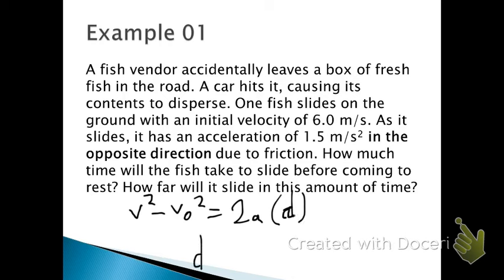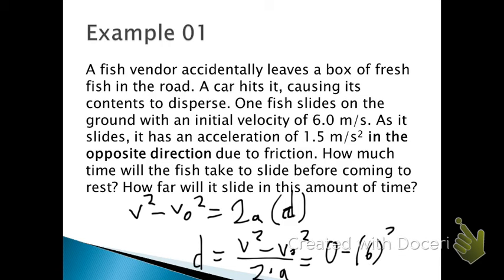So d will equal v squared minus v naught squared all over 2 times a, my acceleration. And now I can just plug that mess in. My final velocity was 0. My starting velocity was 6, so 0 minus 6 squared, all over 2 times negative 1.5. And when I plug that out, well, wouldn't you know it, I still get d equals 12 meters.